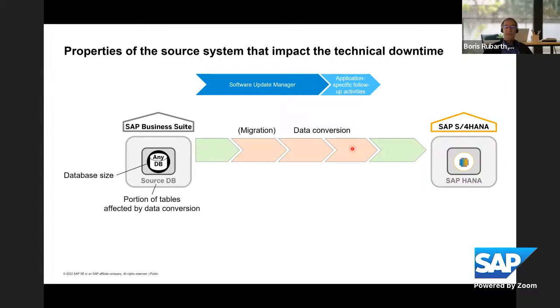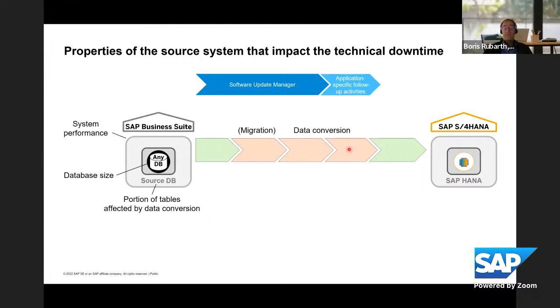Next aspect is not only the overall database size, but also the question, how big is the portion of those tables that are undergoing this data conversion to the new data model of SAP S/4HANA, especially Fin data. If your system is extensively used for Fin area, then this may be a larger portion, and then the data conversion after Software Update Manager will take longer.